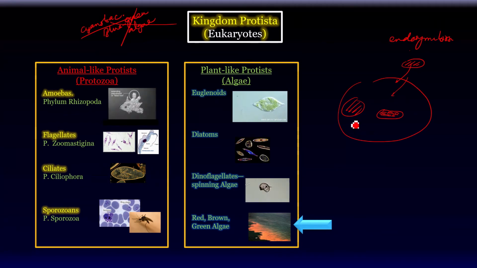It's thought that some ancient ancestor of these protists one day just engulfed one of these cyanobacteria, and then said, hey, this guy makes his own energy, so let's just keep him as a pet type of thing. So it evolved into a little chloroplast. That's how they're thought to have evolved.